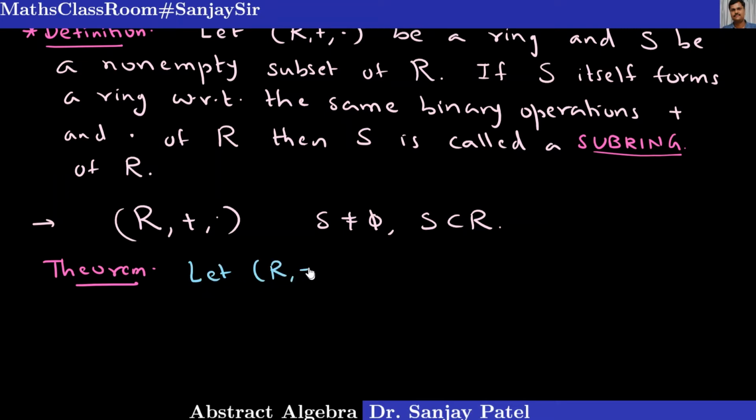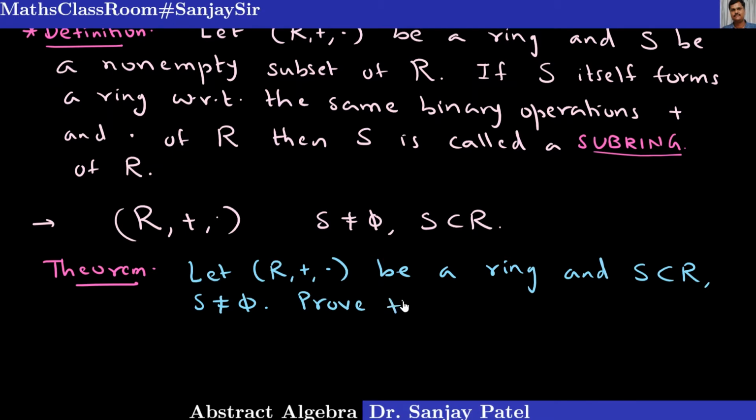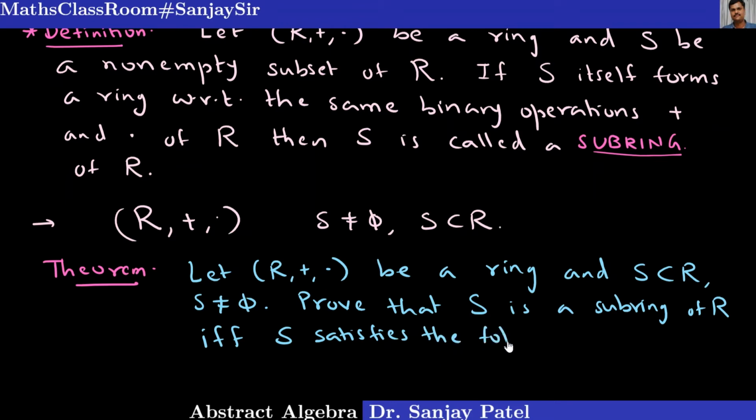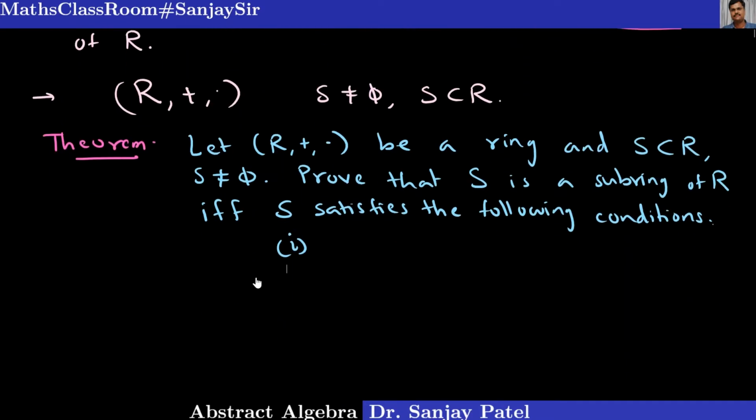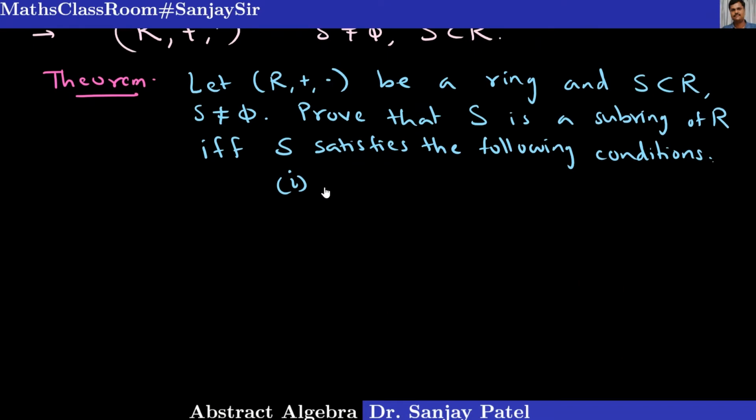Let (R, +, ·) be a ring and capital S a non-empty subset of R. Then prove that S is a subring of R if and only if S satisfies the following two conditions. First, S must be closed with respect to addition, and the additive inverse must also exist.